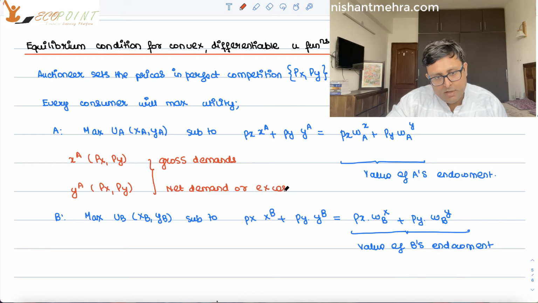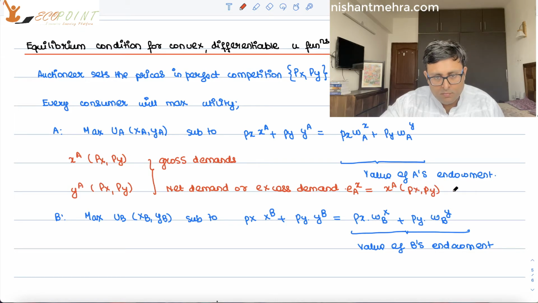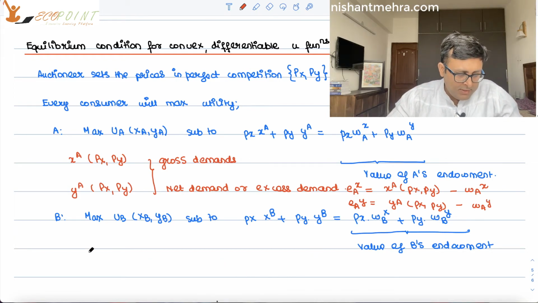What are net demand or excess demand? For X, for individual A, it would be the amount of X which he is demanding, that is his gross demand, minus his endowment of X. A's excess demand for good Y would be the amount of Y which he is demanding minus the endowment of Y which he has.